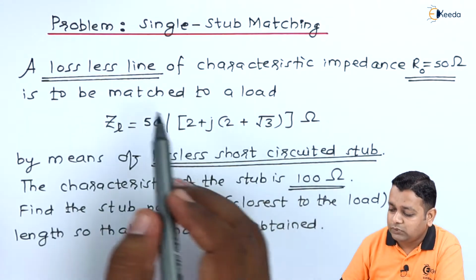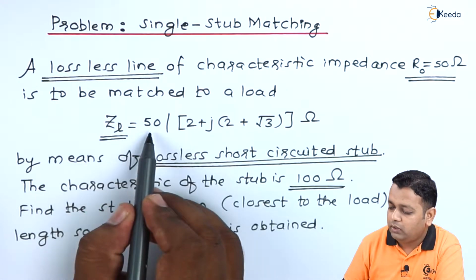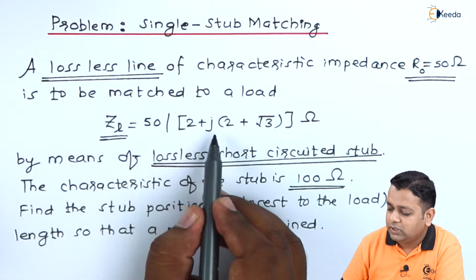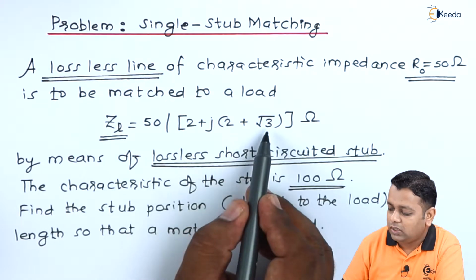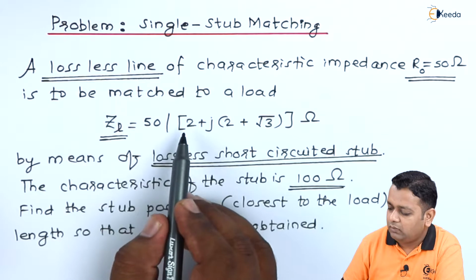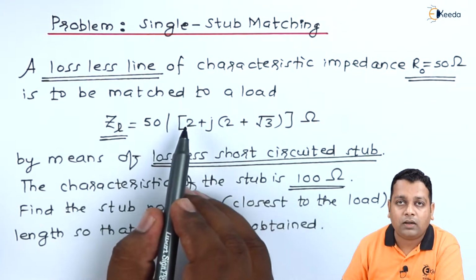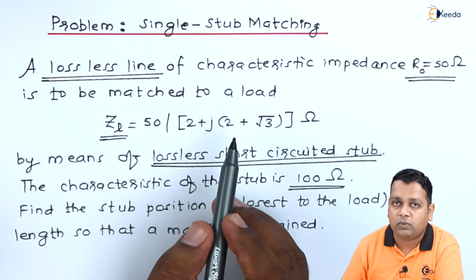Now for the transmission line we have the load impedance given by 50 divided by 2 plus j times 2 plus root 3 in ohms. Here the division is to be carried out and we have the complex representation. So the real part and the imaginary part will be there.